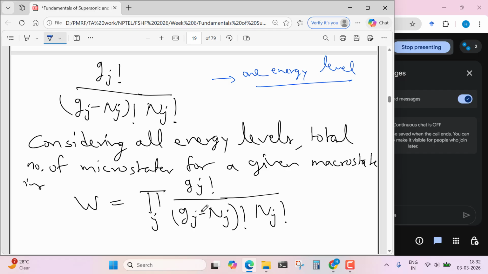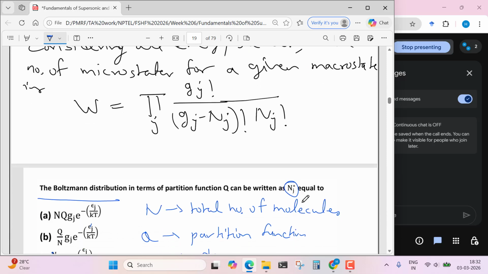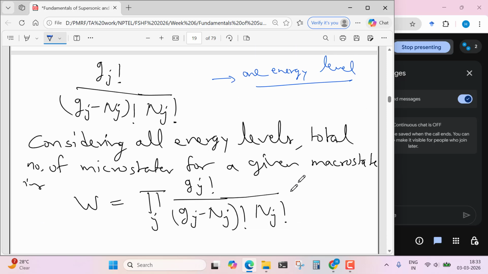This is for one energy level. So if we are considering all energy levels, the total number of microstates for a given macrostate is W equal to pi j Gj factorial upon Gj minus Nj factorial into Nj factorial. So this will be the answer.